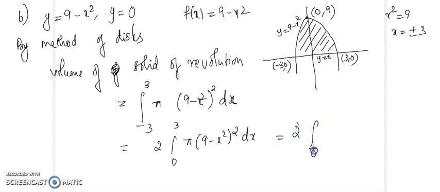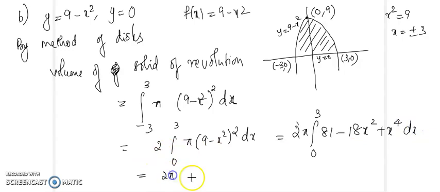Again that is 2 pi integral 0 to 3, expanding, you will get 81 minus 18x square plus x raised to 4 dx. So that is 2 pi. Upon integrating you will get 81x minus 18 x cubed by 3 plus x raised to 5 by 5 from 0 to 3.